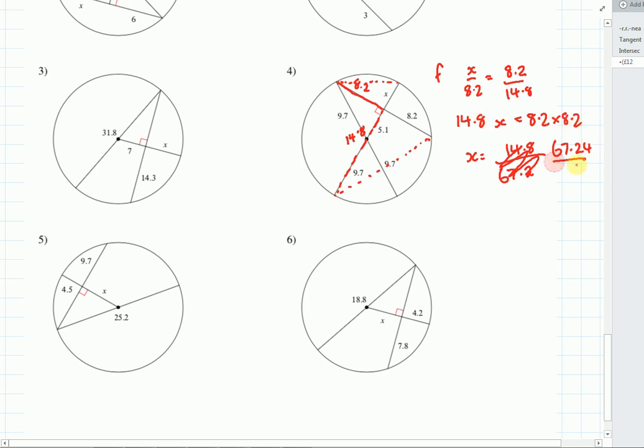Multiply those, divide by 14.8. That will give me this leg, which is 4.54. We can't go really more accurate than the question did, so 4.5 centimetres.